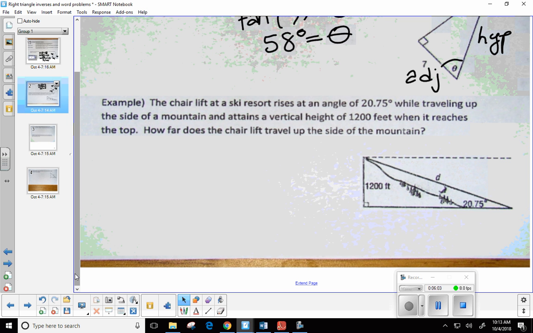Yeah, we're solving for D, which is a hypotenuse. So you can label the triangle first, if that'll make you feel better. You don't have to, because you're already given this angle on the bottom, and so any trig function will get you any side that you're looking for.